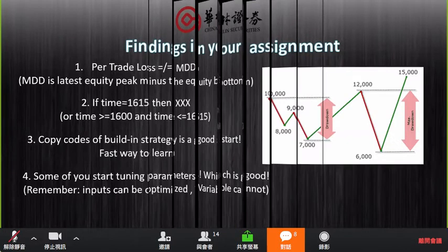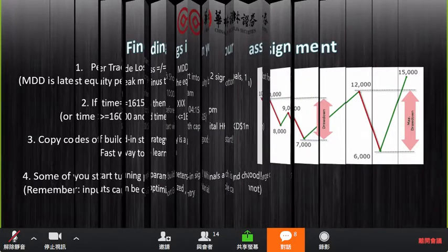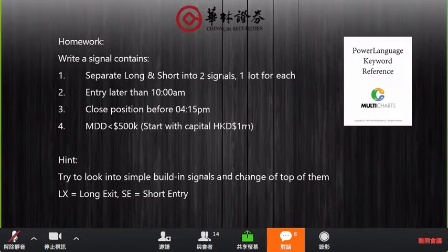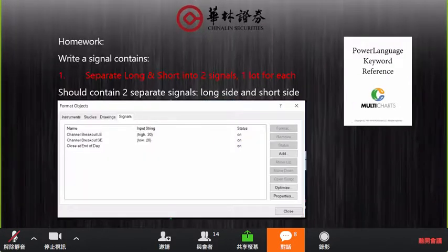Right. Let's talk about homework. All four requirements I listed before. First one, I'll talk about separating long and short. So just very simple. You just break it out into long and short. Then with the so-called close at end of day, it will be very easy, right? I guess what I saw in the code is that most of you would divide them into two parts. So I think it's okay.